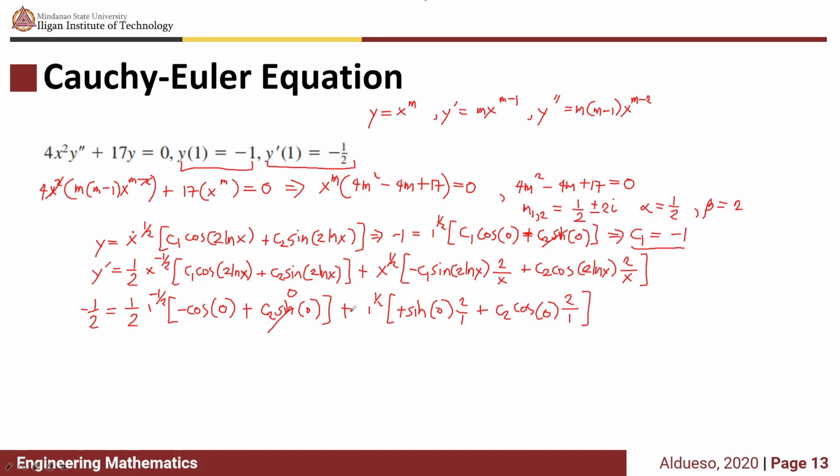So this is 0. We have negative 1 half equal to negative 1 half plus 2 C2, so our C2 is equal to 0. So the solution for this initial value problem is y is equal to negative x to the 1 half cosine of 2 ln of x.